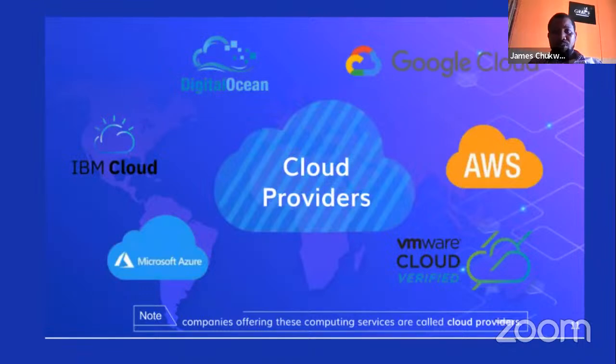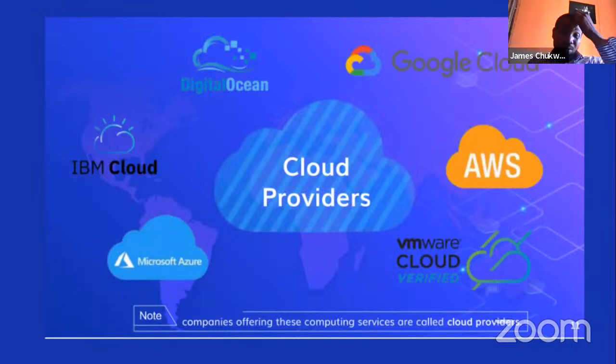So what are the cloud providers we have? We have Google Cloud, we have AWS, we have Microsoft Azure. The three most popular cloud providers are AWS, Microsoft Azure, as well as Google Cloud. That doesn't mean those are all the cloud providers we have. We still have IBM Cloud, then DigitalOcean, as well as VMware Cloud.